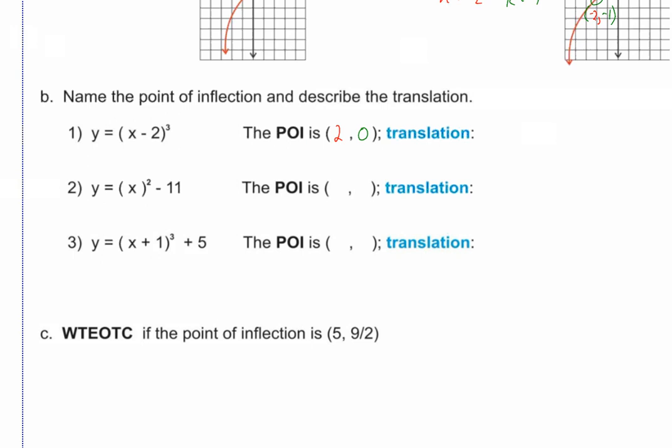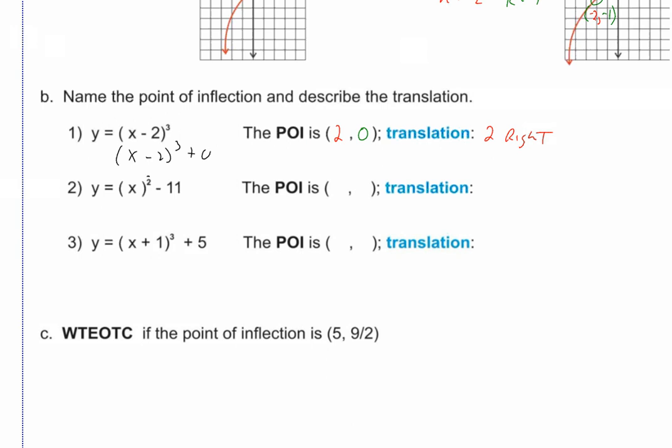Therefore, what is the translation? 2 to the right. This is translated 2 to the right. Okay, pretty simplistic. All right, again, if I were to rewrite this, then I would rewrite (x minus 2) quantity cubed plus 0. Now, the second one says point of inflection.